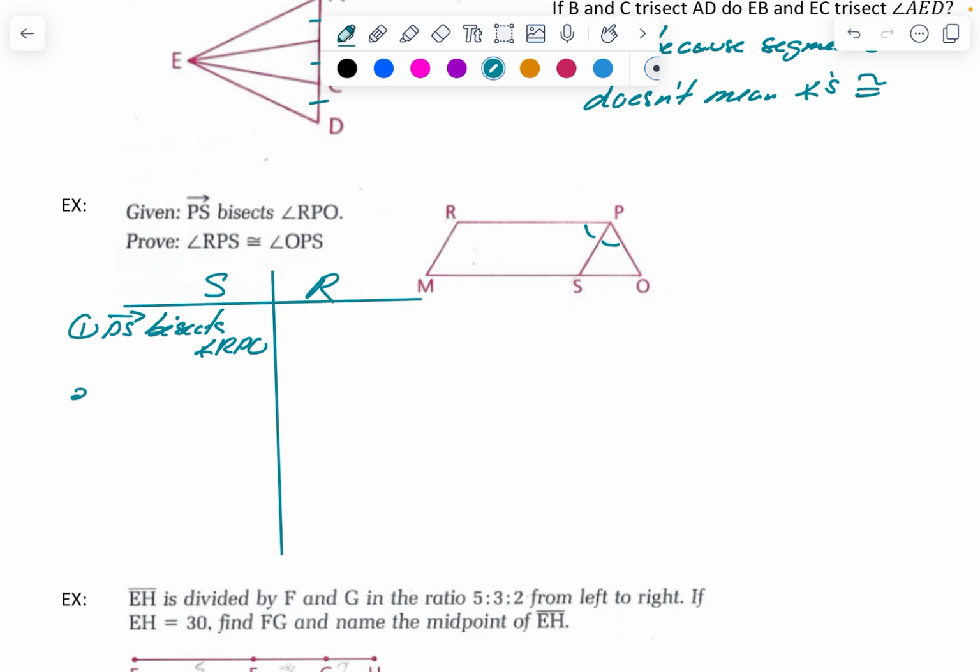So we could just go ahead and say angle RPS will be congruent to angle OPS, I'll say it the way they say it. I forgot to write given.